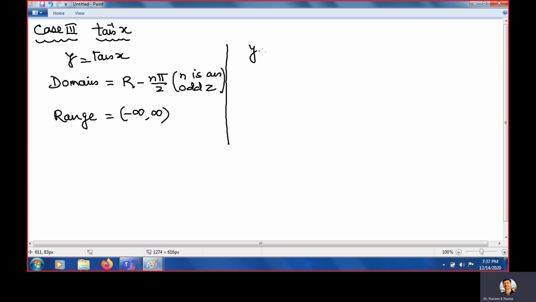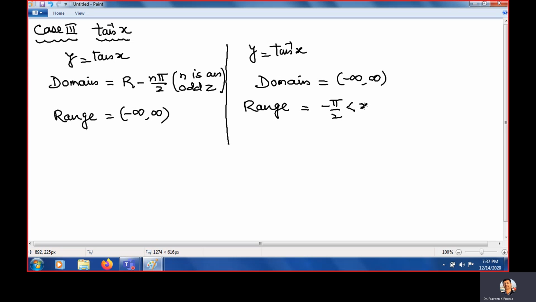But in the case of y is equal to tan inverse x, that you need to remember, what is the domain? The domain changed to the same as the range, minus infinity to plus infinity. Although the range is different here. Range is minus pi by 2 less than y less than pi by 2.